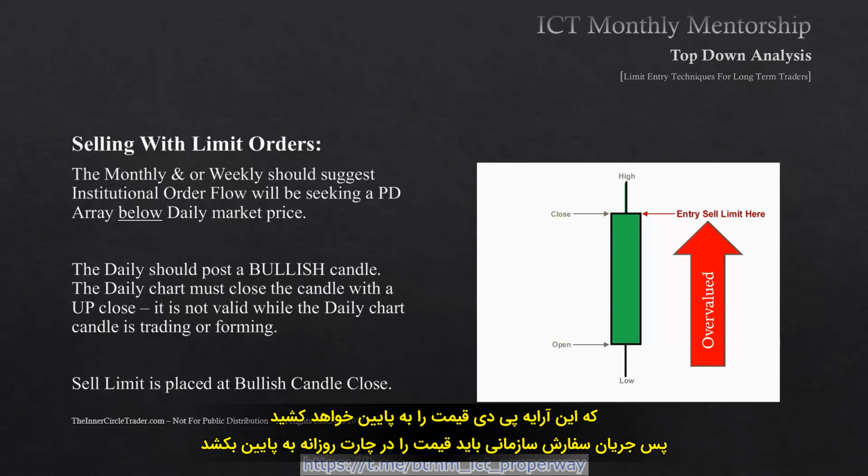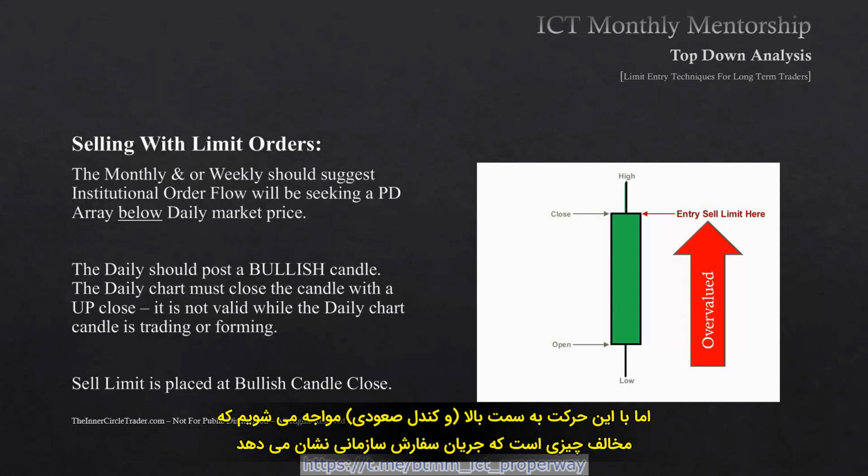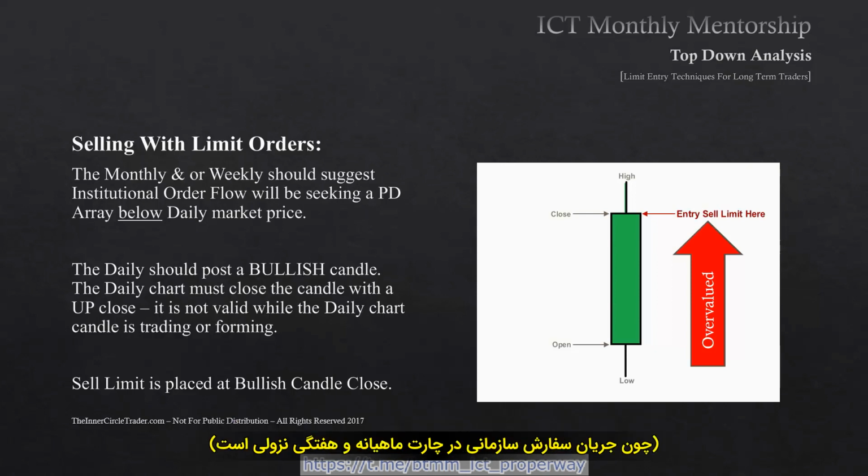So institutional order flow should draw prices lower, but we're getting this up movement against what longer term institutional order flow is suggesting on the monthly and/or weekly chart. So while price is moving higher for this particular day, we're going to be looking to sell short at the next day, but it has to be above this particular candle's close.